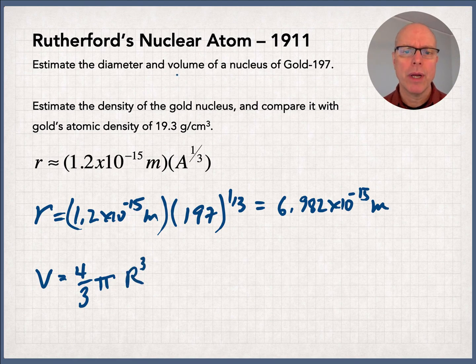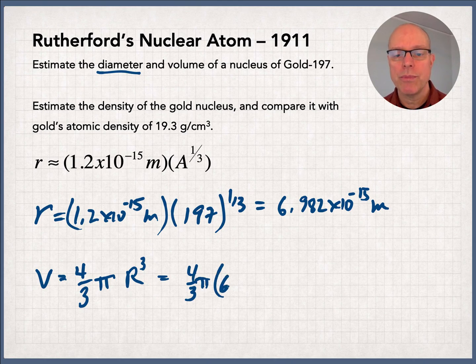Oh, by the way, if you caught me, good for you. I didn't actually answer the question about the diameter. Diameter is 2 times the radius. Already far enough into this slide, I'm not going to bother to write it down. But anyway, multiply by 2, it should be like 14 femtometers, right? Anyway, to get the volume, we're just going to go ahead and plug in 4/3 pi times the radius that I just figured out, 6.982 times 10 to the minus 15 meters.